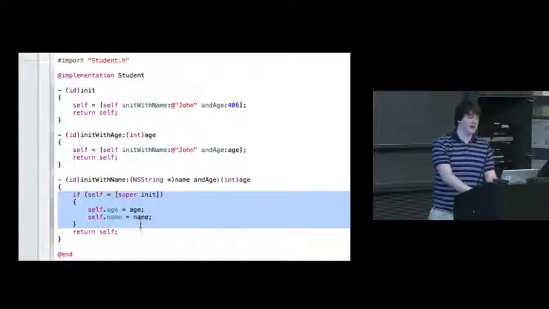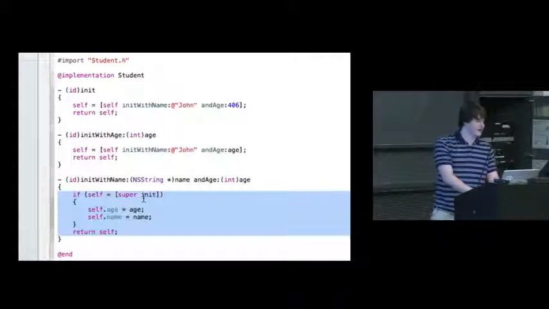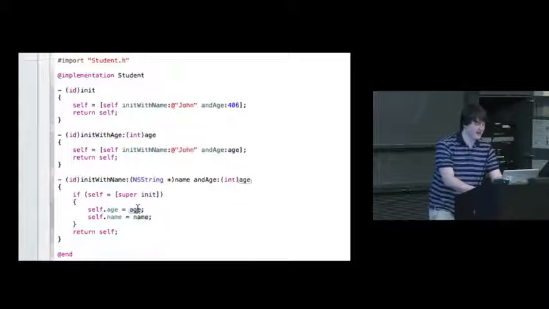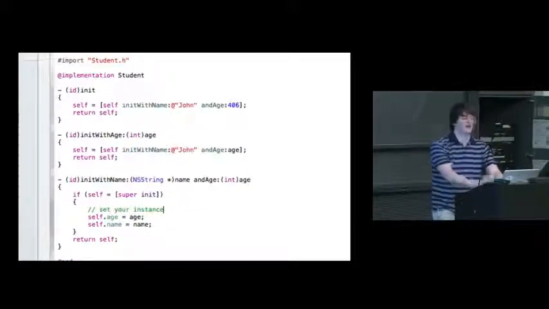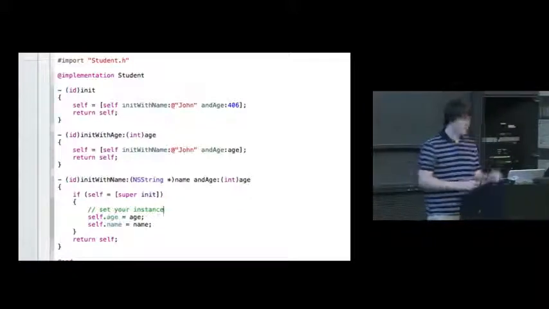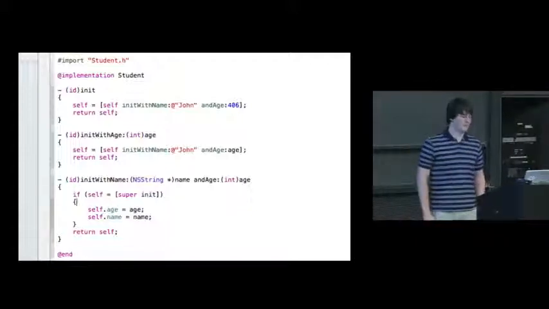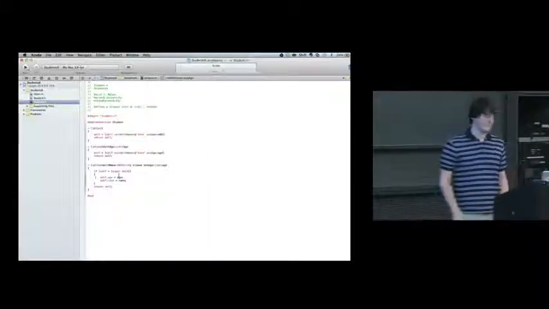But again, this is the pattern for writing your own initializer. So you should almost always copy and paste this, and then in these curly braces is where you set your instance variables, or NSLog, whatever it is you want to NSLog. So they would always just initialize the super. Yeah. Because there might be something in that superclass that is essential for everything else to work.